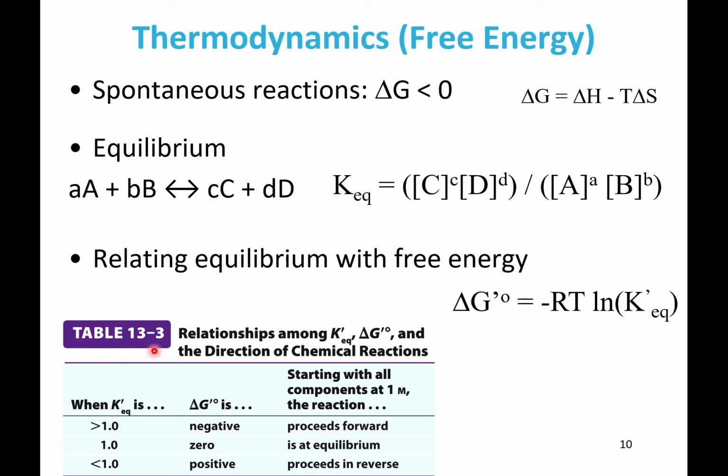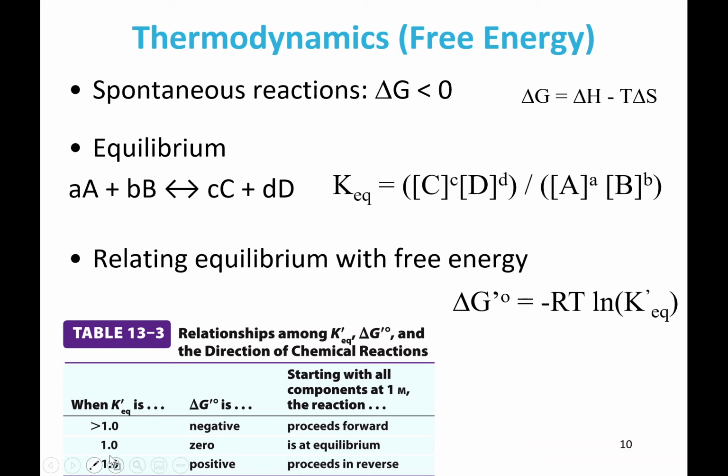Table 13.3 from the book relates this. The equation tells you that the equilibrium constant and delta G are related. When Keq is greater than 1, delta G is negative, and therefore the reaction is spontaneous in the forward direction.